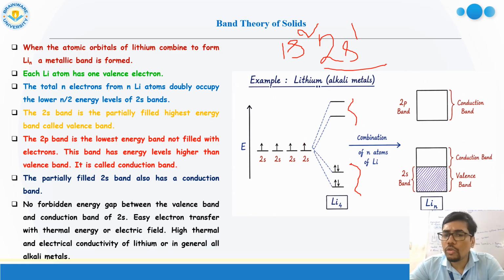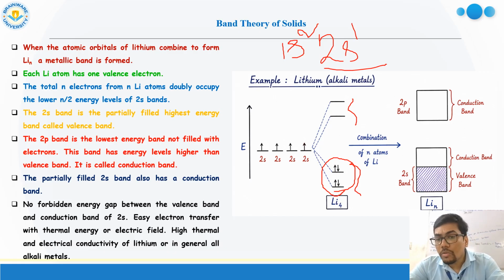Now there are a total of 4 electrons. They are filled following the Aufbau principle, Hund's rule, and Pauli exclusion principle. So 1, 2, and 3, 4. All 4 electrons are present in the BMO. So obviously the ABMO is vacant. There are no electrons in the antibonding orbitals.